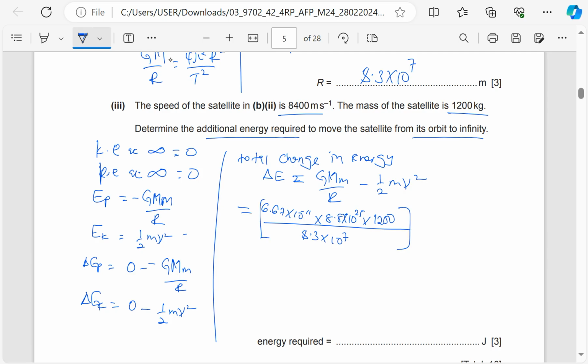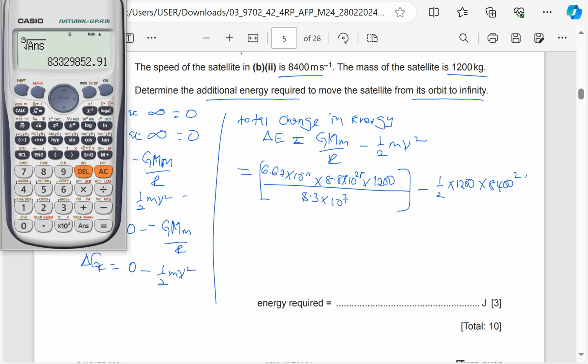This is change in potential energy, minus a half times 1,200 times v, which is given as 8,400, but this is squared. So I'll just press my calculator.